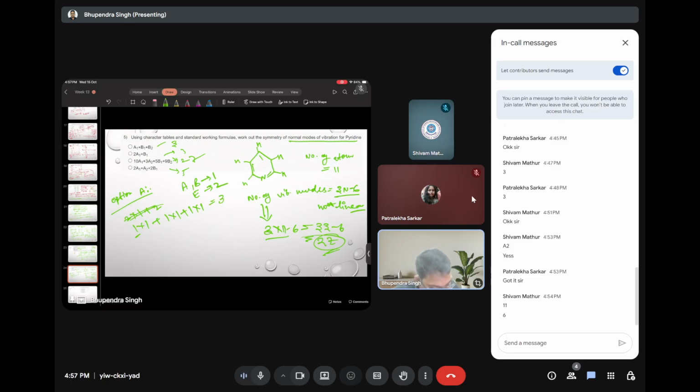So the total number of vibration modes is coming to 3, but here we have calculated 27.